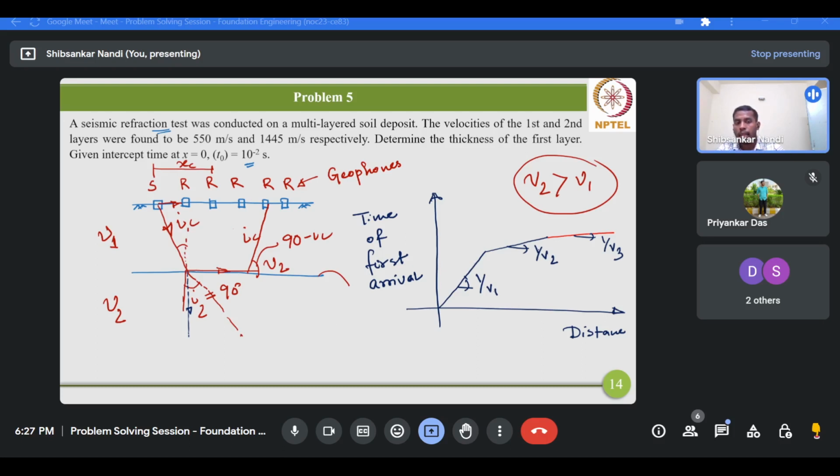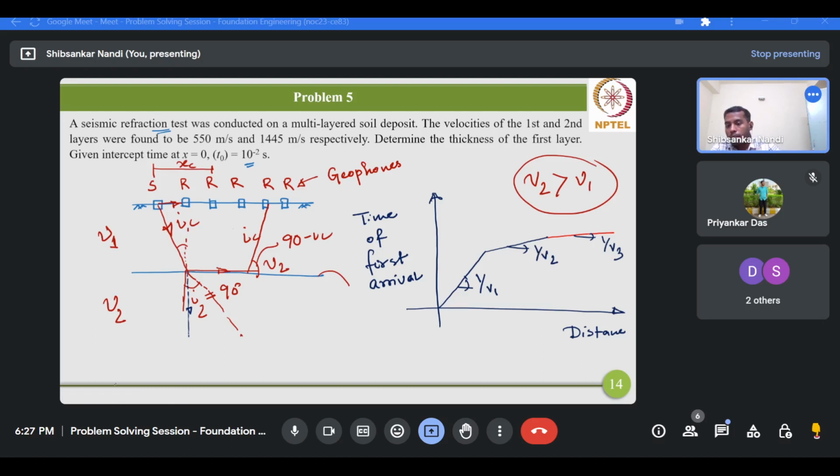For the second, it is the reciprocal of the second layer velocity, and similarly this is the reciprocal of the third layer velocity, because this is time upon distance, and distance upon time is the velocity. Definition of velocity: distance divided by time. Here we are defining this gradient as time by distance. So in each case, this line will define the reciprocal of the respective layer velocity.